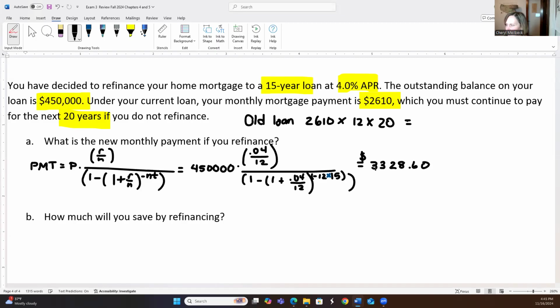Okay, now what is going to cost more? Will it cost more to do this for 15 years or to do our old payment, which we still had 20 years left on the loan? To figure that out, we need to multiply the 2610 by 12 monthly payments by 20 years to see how much we'd pay if we were still paying on that old loan.